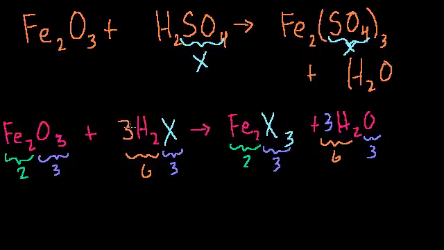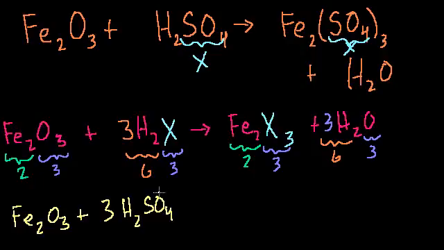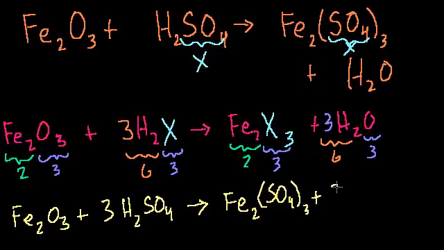So our equation has been balanced, and if we want to write it back in terms of the sulfate, we can just unsubstitute the X, and we're left with 1 molecule of iron oxide plus 3 molecules of sulfuric acid, H2SO4, yields 1 of these molecules, with SO4 3 times, plus 3 molecules of water.